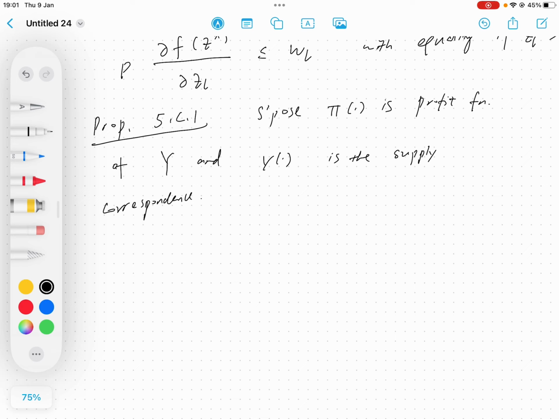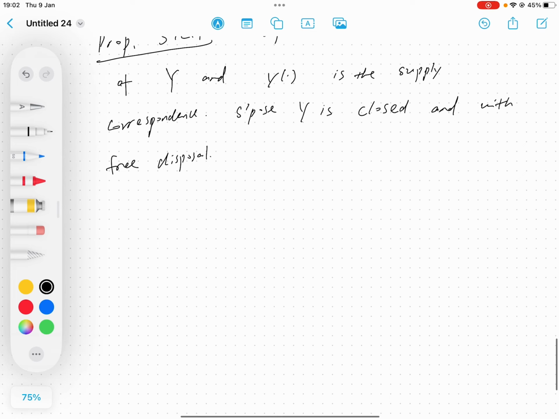That would be just the solution. We also assume that this capital Y is closed and has the free disposal property. All of those properties we are very familiar with because we have seen a lot in consumer theory, right? So we're going to follow the textbook and go quickly through those properties.